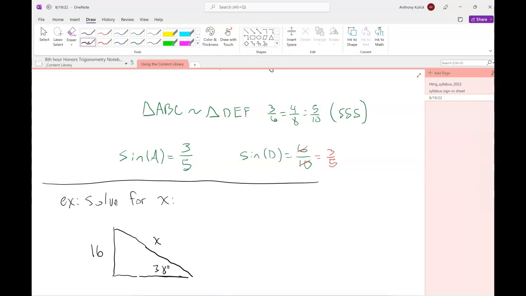All right. So let's say we have a question like this. This should look like a familiar geometry question, right? What can I do with this? Anybody got any ideas?